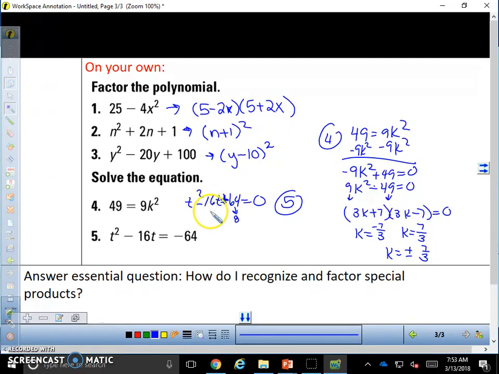Okay, and then 8 times 2 is 16, and then a 1 is a, so we have right here t minus 8 squared equals 0. Zero product property now, and then t is going to be equal to positive 8. This one only has 1, this one has 2.